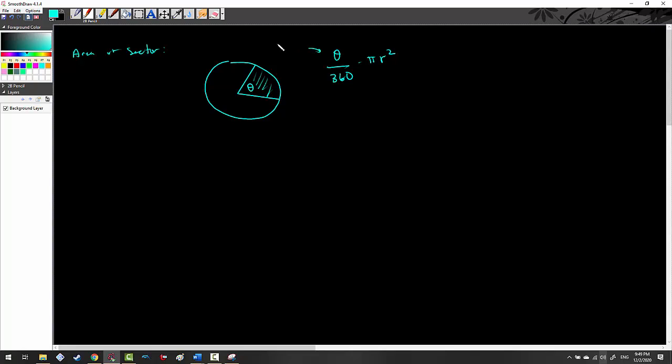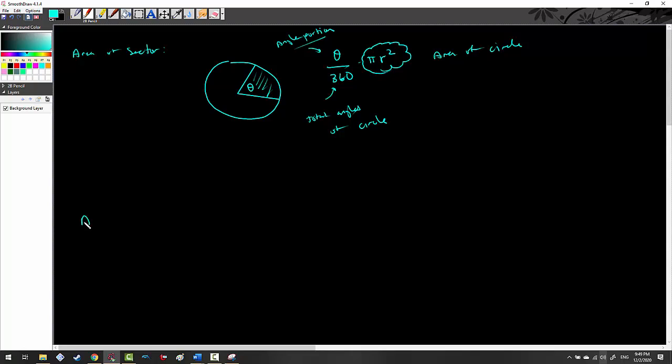This is our angle portion. The 360 is the total angles of a circle. And the pi r squared, that's the area of the circle. So there it is. It's theta over 360 times pi r squared. That's your area of a sector.